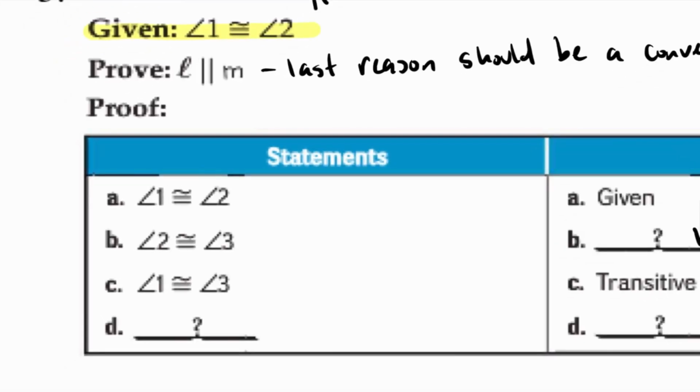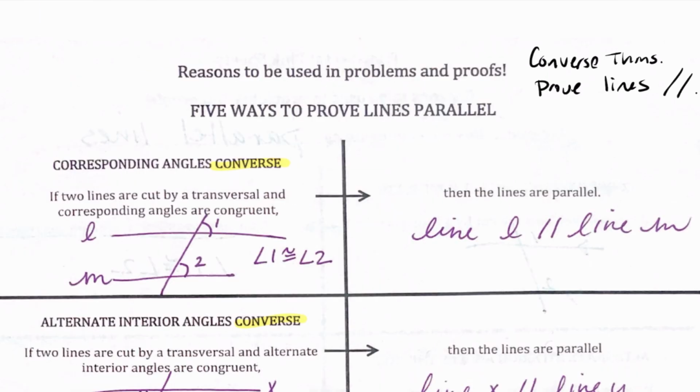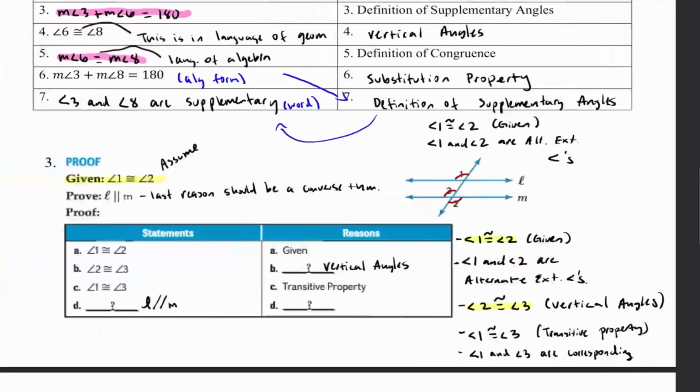So the last statement should be what we're trying to prove. What are we trying to prove? We're trying to prove that L is parallel to M. So I'm going to write line L is parallel to line M. Why are these two lines parallel? Well, we have two lines cut by a transversal, and the corresponding angles are congruent. So by the corresponding angles converse, the lines are parallel.